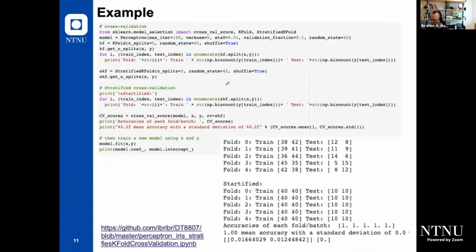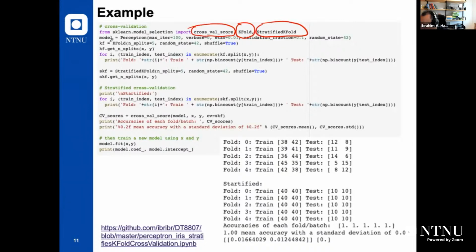Maybe we can talk about this. When we use a stratified k-fold, in this example here, you need to import it from sklearn.model_selection: cross-validation, k-fold, and stratified k-fold, as you can see. And I have here a model. My model is perceptron, as we did before.